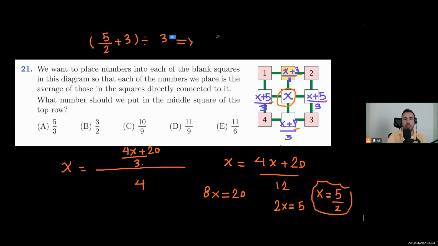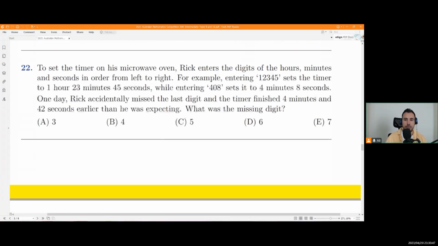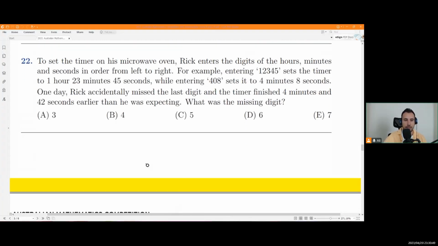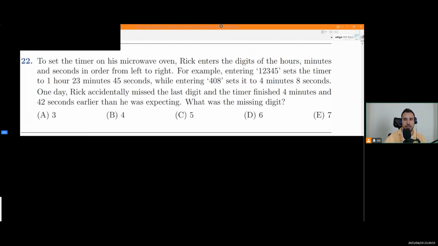It will become 11 over 2 divided by 3, which is 11 over 6. There you go. So you see that these questions are not as easy as the starting questions. They're getting more difficult and more challenging.